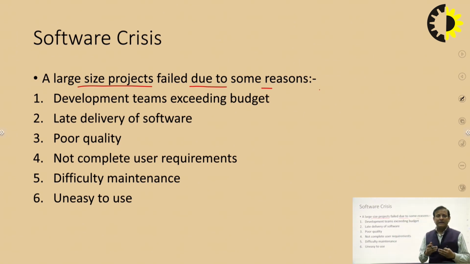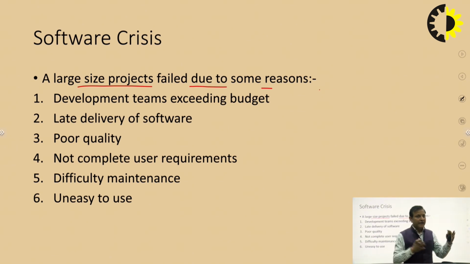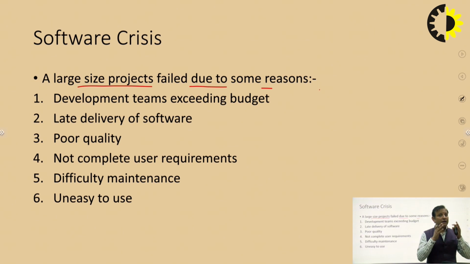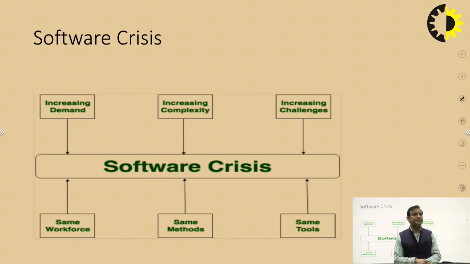The user requirements were not completed; what the user requires and what we developed had a big difference. It was very difficult to maintain, and not easy to handle or use. Large size projects failed because of these reasons.